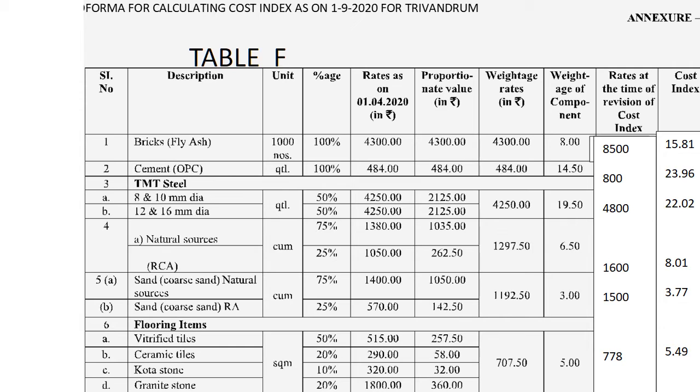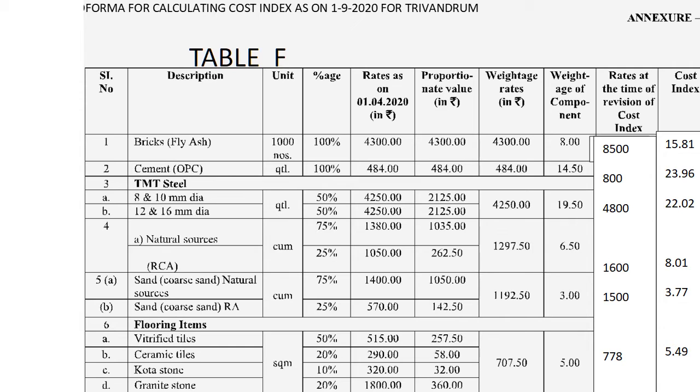Here, this is the cost index for Trivandrum as on 1/9/2020. Here, the cost of brick is given as 8,500 per 1,000 and so the weightage becomes 15.10. Cement for 100 kg 800, it becomes 23.96.